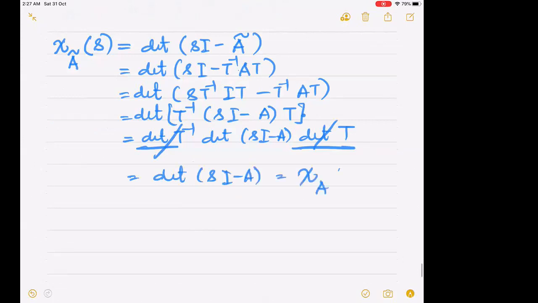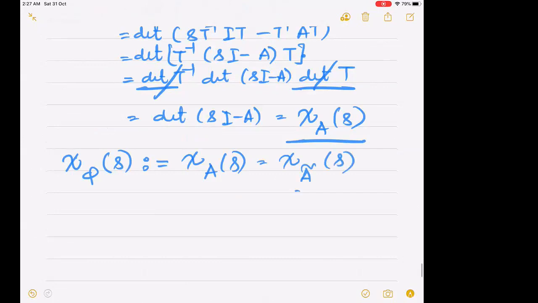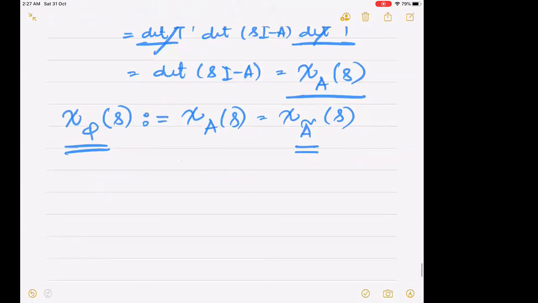So you see, chi A tilde of S is the same as chi A of S. So chi phi of S is defined to be chi A of S or chi A tilde of S, it doesn't matter. Just take any basis, find the matrix, compute the determinant of S I minus A, and that is the characteristic polynomial of the linear operator.